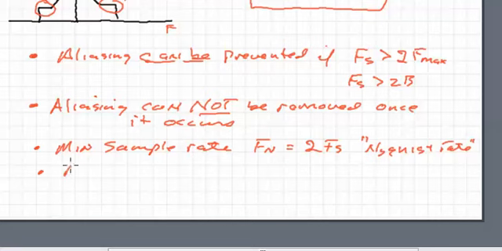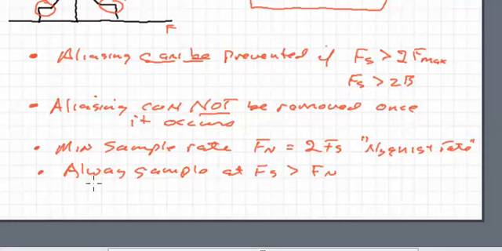We always sample at a rate bigger than the Nyquist rate. Not equal to, but bigger than the Nyquist rate. Always. Okay, to prevent aliasing distortion. And usually 10 to 20% above.